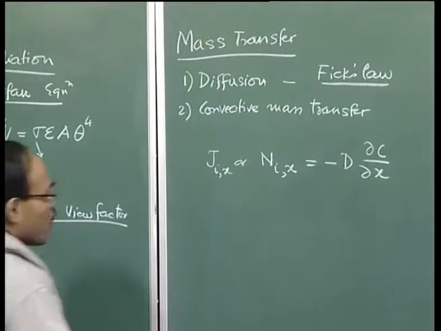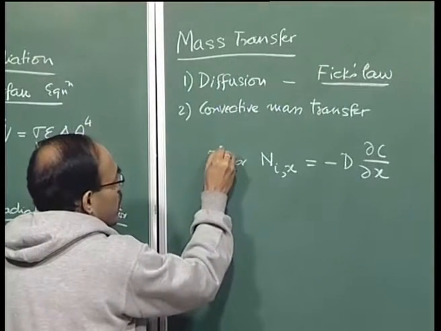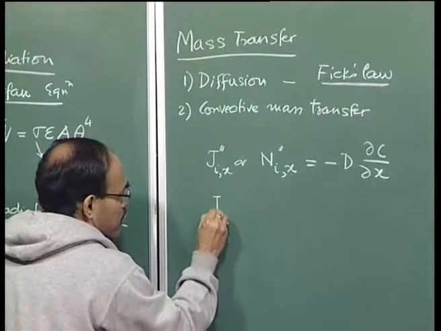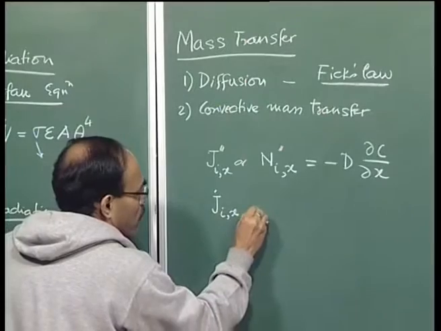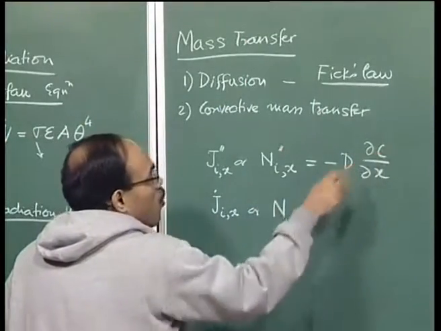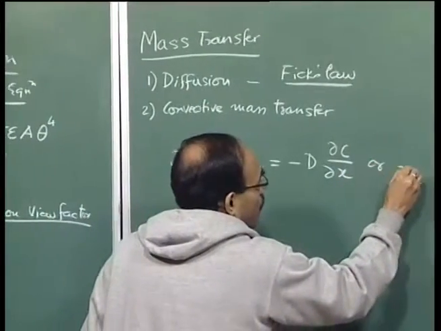And the net rate of transport, so the flux typically is denoted by this. So I would say that J i x, which is the net rate of transport, or so C could be mass concentration or molar concentration. You can say that it is either this or minus D.